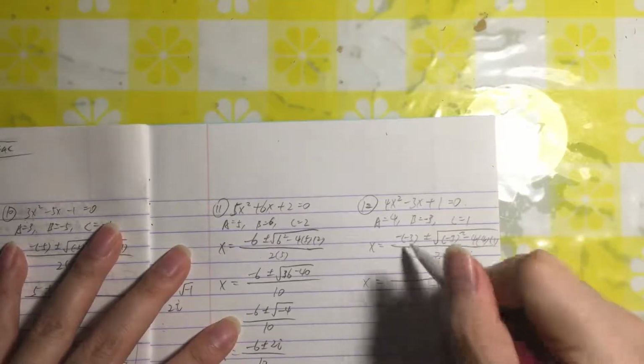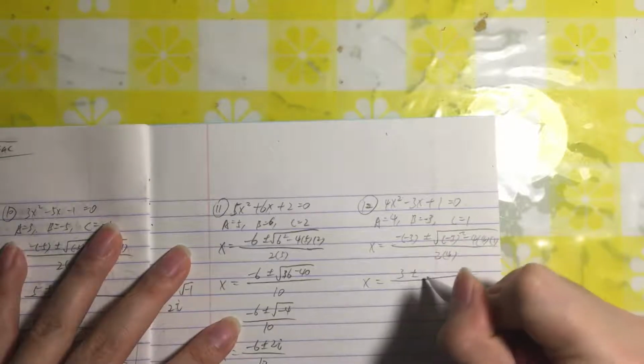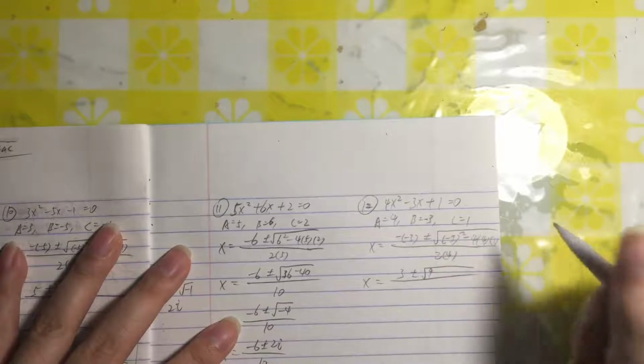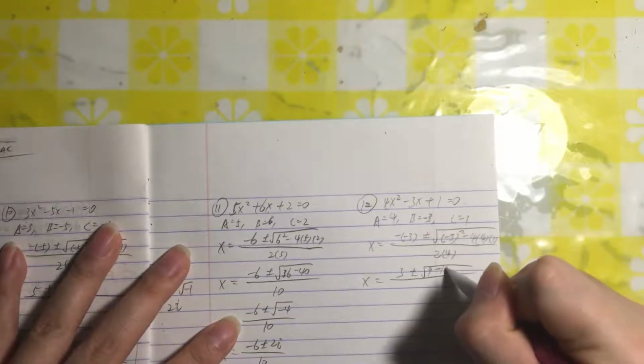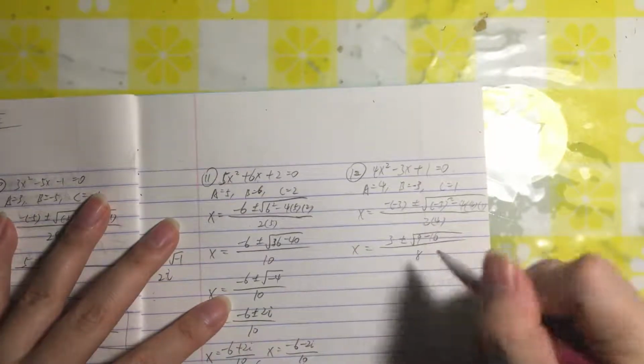Then simplify. -3, double negative is positive. I get positive 3 plus or minus the square root of -3 squared, which is positive 9, minus 4 times 4, which is 16. So I get 9 minus 16. On the bottom, 2 times 4 is 8.